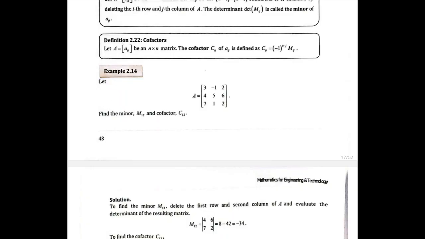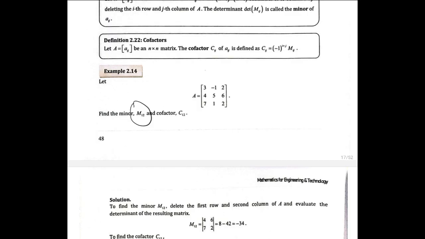Suppose that this is the matrix that we want to look at. So the question wants us to look for M12, or the minor for element 1, 2. So let's first determine what is the element 1, 2.